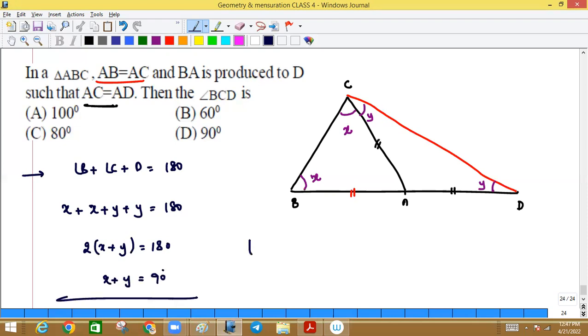And what is he asking? Angle BCD, which is x plus y, which is 90 degrees. Look at the sum of all the angles: x plus y plus y, which means 2x plus 2y is equal to 180. x plus y is equal to 90.